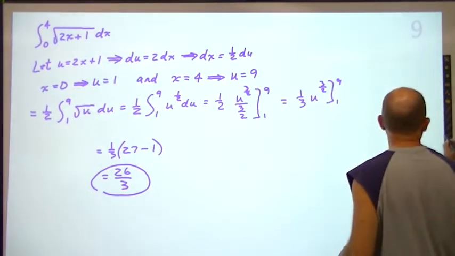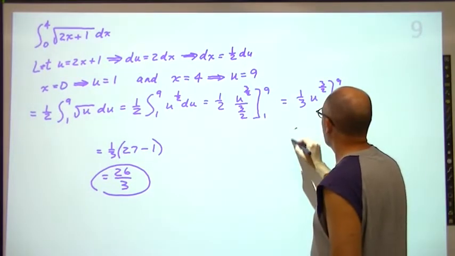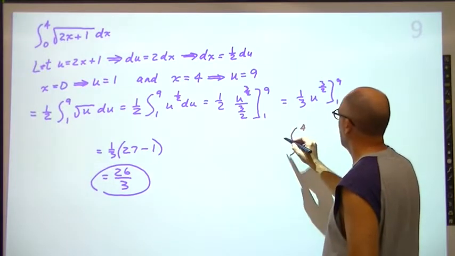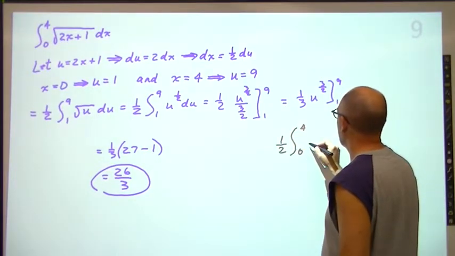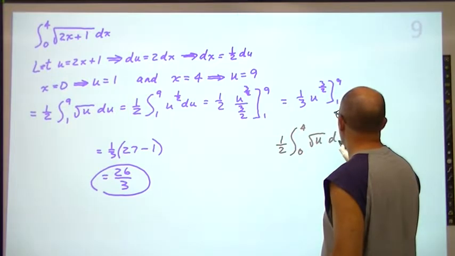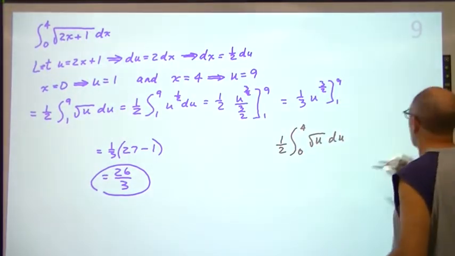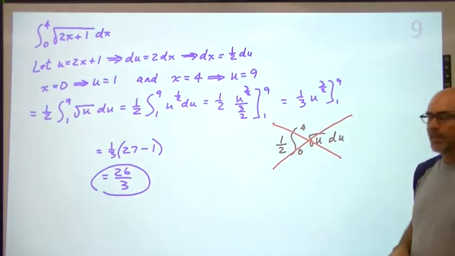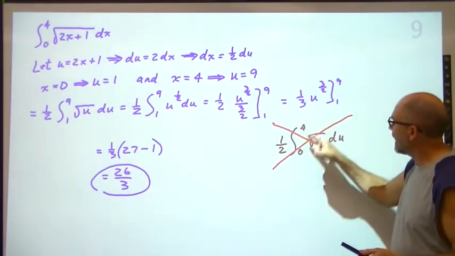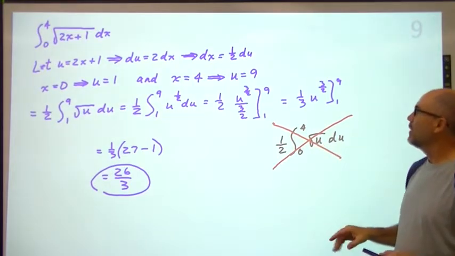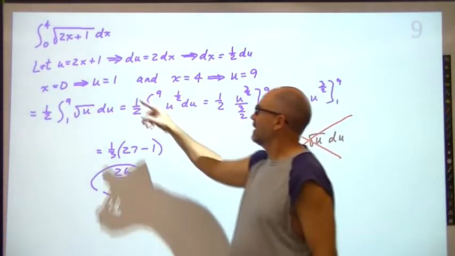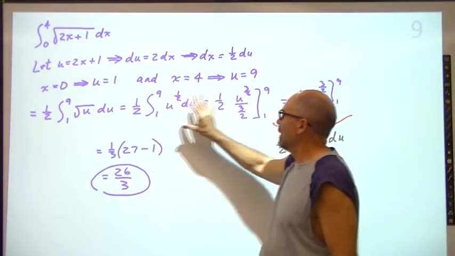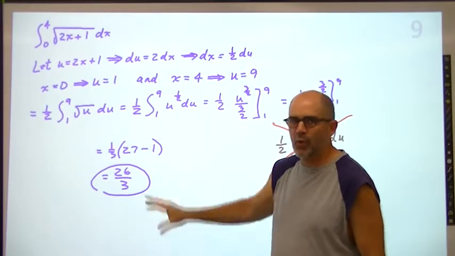If you have the integral from 0 to 4 of, well, we can put the 1/2 out here, of the square root of u du, don't even have that on the paper because you cannot mix x's and u's. So you always change your limits of integration and change your integrand and then just perform the integration.